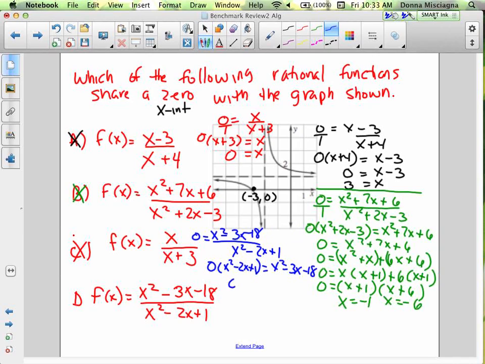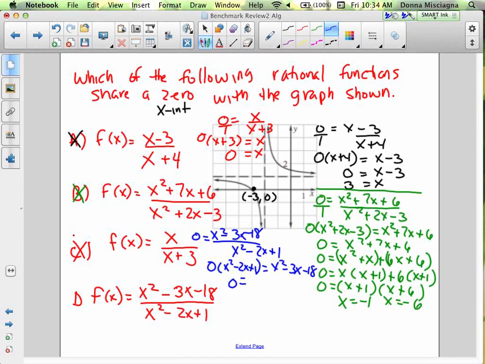Of course, that's 0. So multiplies to give you negative 18, adds to give you negative 3 is negative 6 and positive 3.